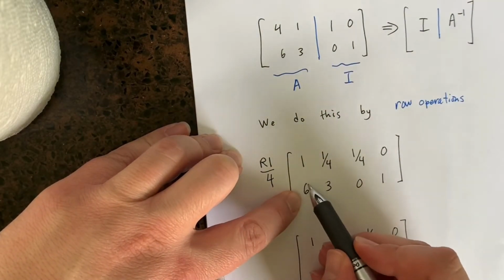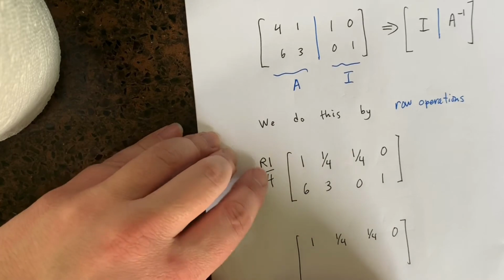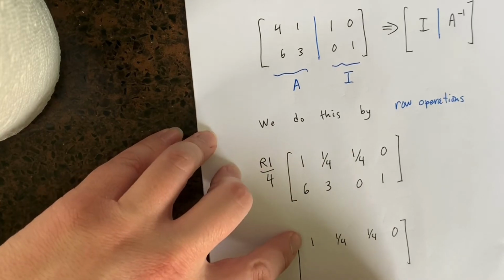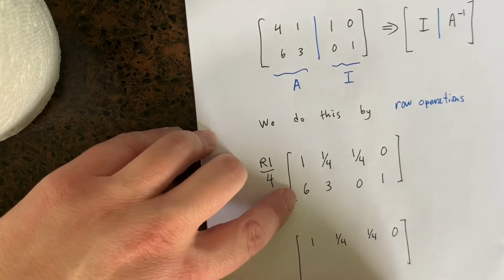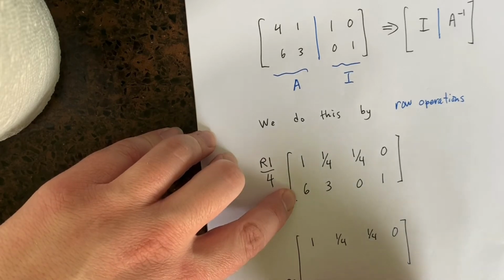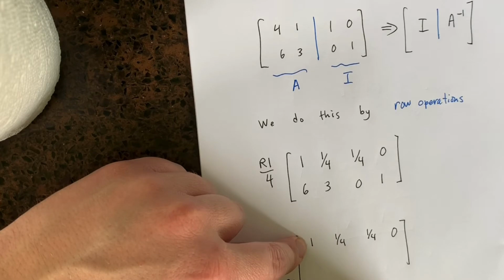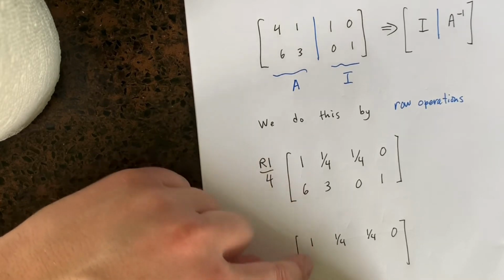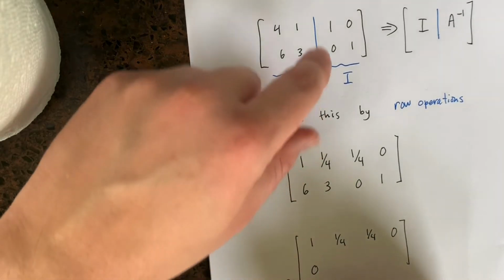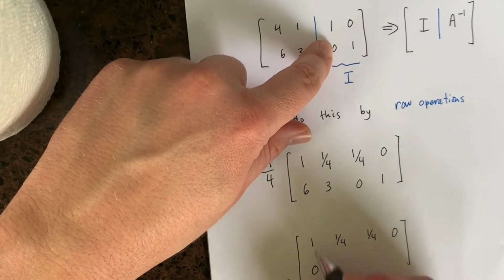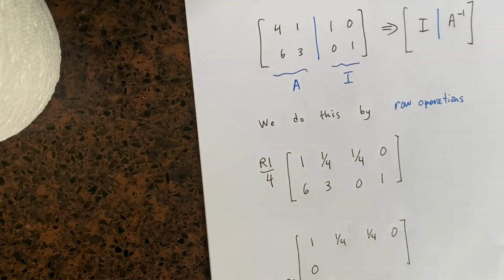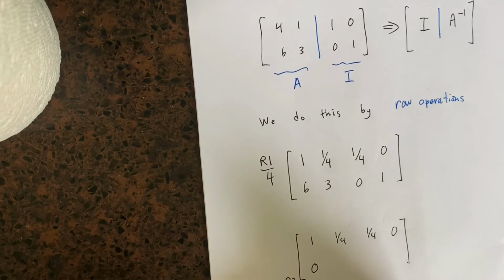So we want a 0 here. -6 times row 1 plus row 2. So -6 times 1 is -6 plus 6 is 0, which is what we want. Now we've got the first column of the identity matrix. But we've got to do the rest of the row.